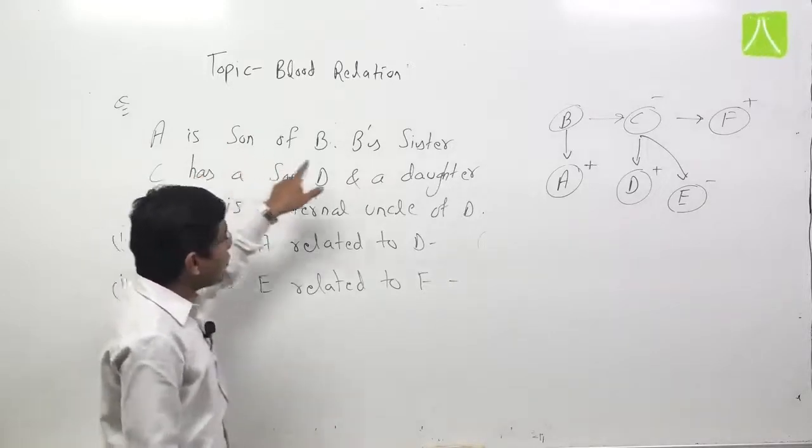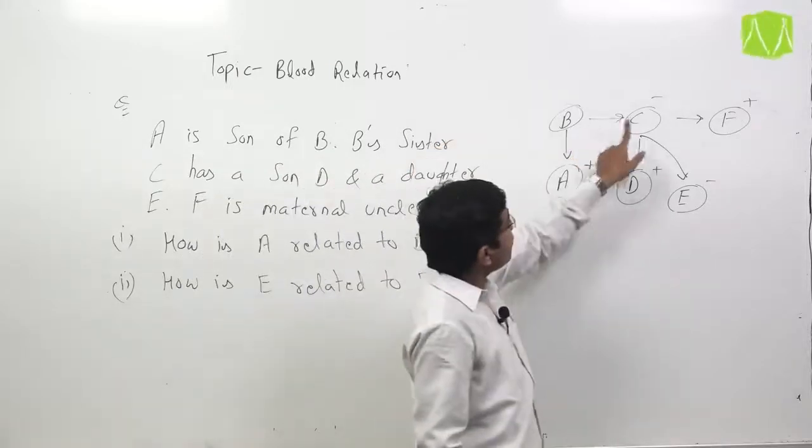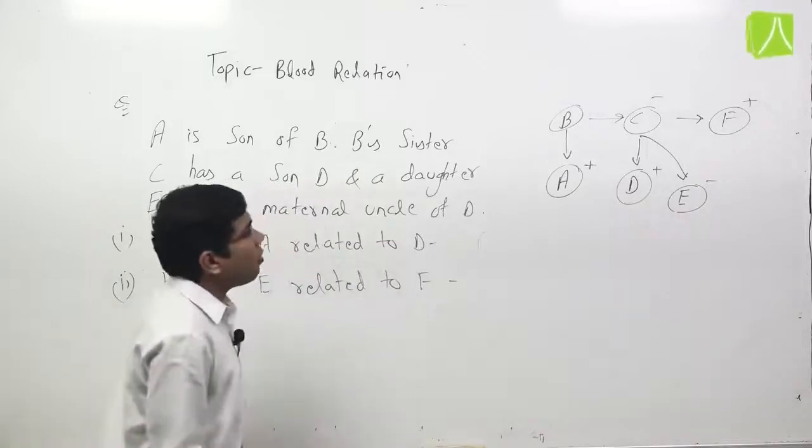First condition, A is son of B. Second, B's sister C has a son D and daughter E, and F is maternal uncle of D.